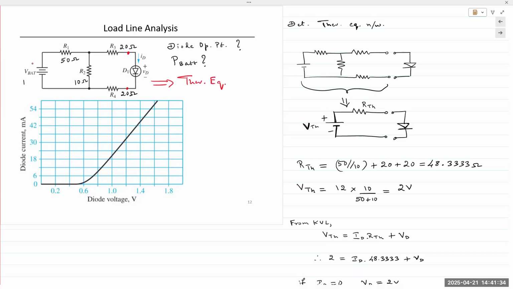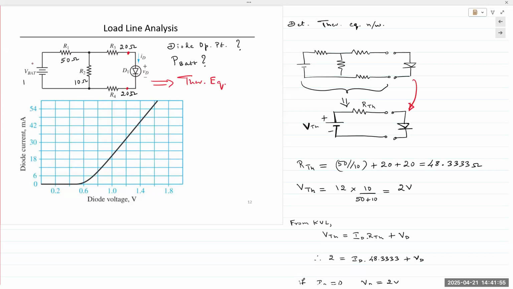Okay, we need to go from here to here. Once we do that, we can apply KVL and we can determine the 2 points for that line. Does that make sense to everyone and what we are trying to accomplish?